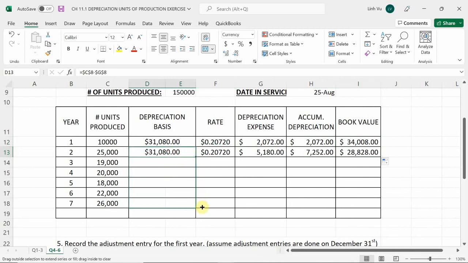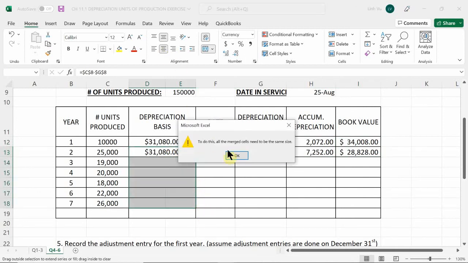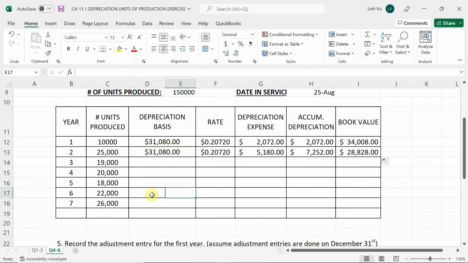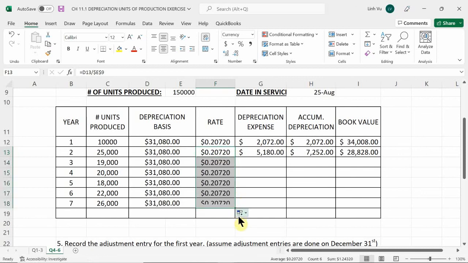Good. It's going to stay the same for all 7 years. What about your rate? The same. It's going to be the same for all 7 years as well.